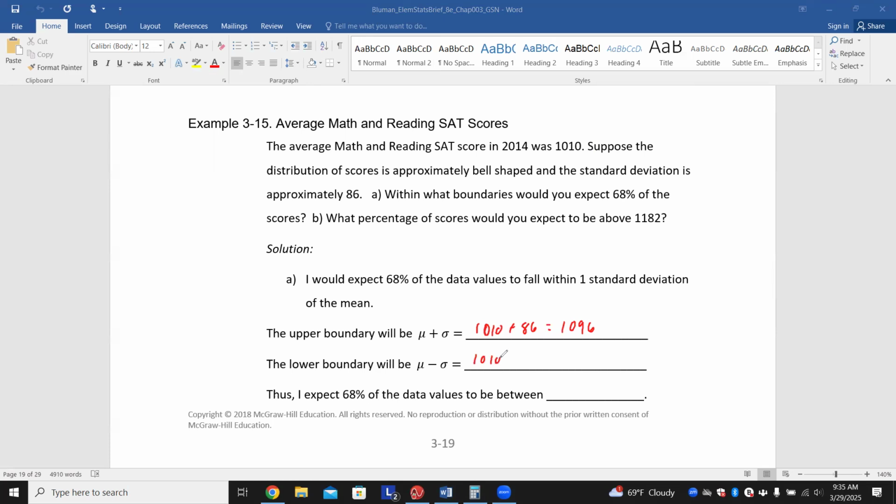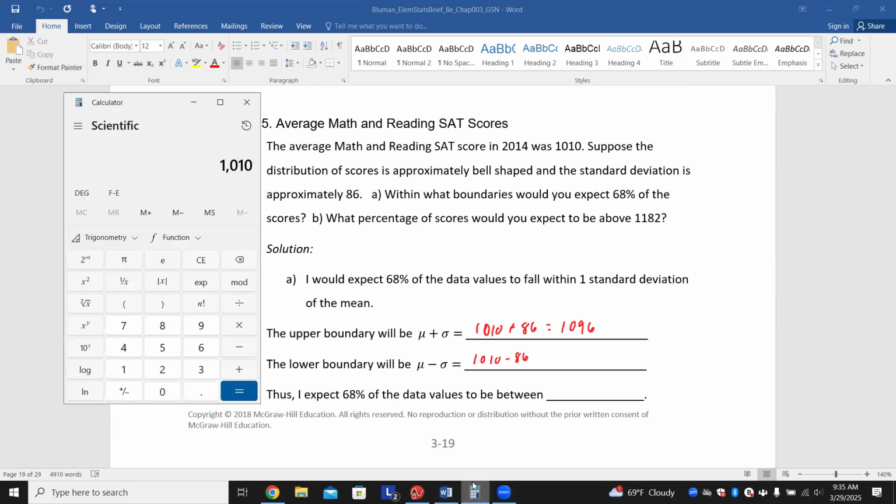And then I'm going to do 1010 minus 86, and I see that's a 924. So I can see in 2014, 68% of my data I expect to fall between a 924 and a 1096.